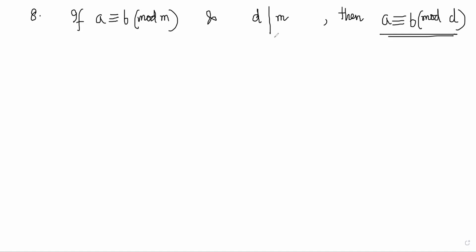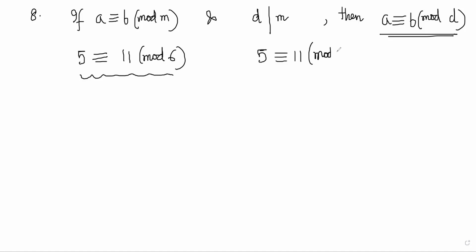For example, 5 is congruent to 11 mod 6. We know that 5 and 11 are congruent to each other mod 6. So then we can also prove that 5 will be congruent to 11 mod 3. Notice that 5 is actually 2 mod 3 and 11 is also 2 mod 3. 3 is a proper divisor of 6, right? So this is an example to show this property.